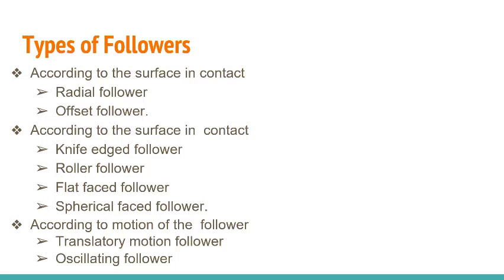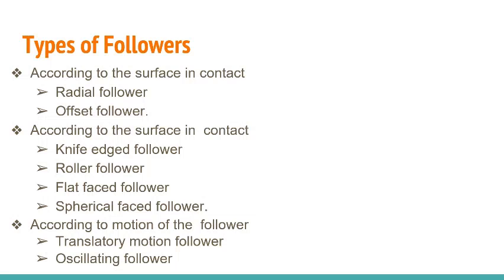Then next is followers. Like different types of cams, we have different types of followers also. According to the pair surface contact, the followers are classified into radial follower and offset follower.